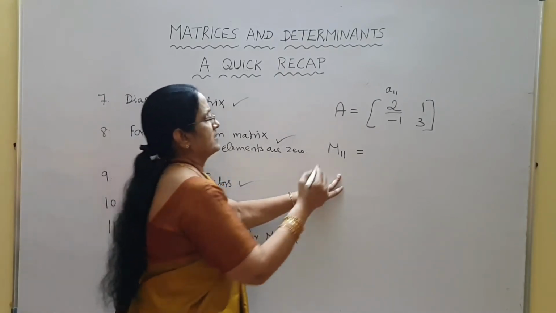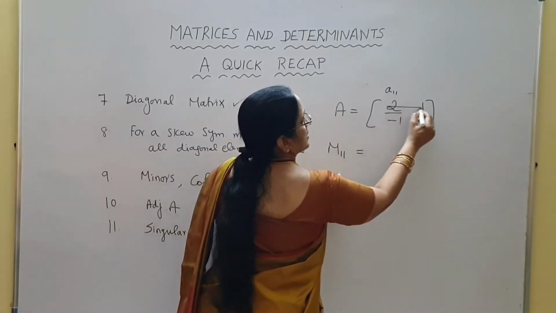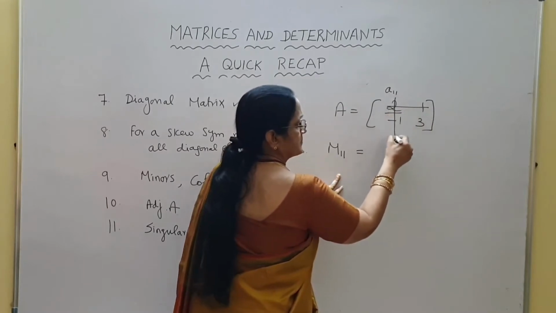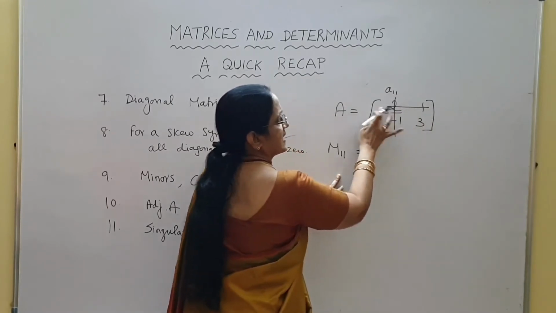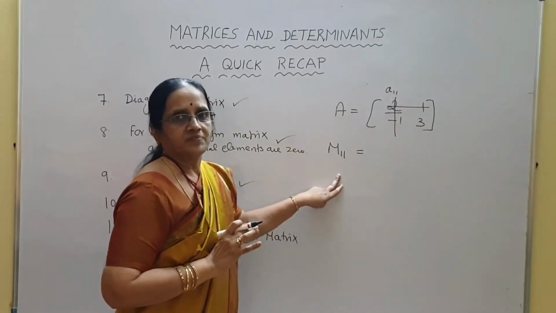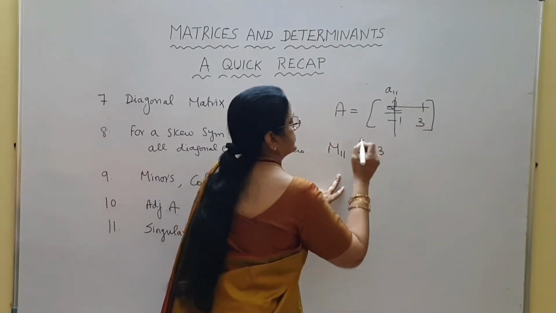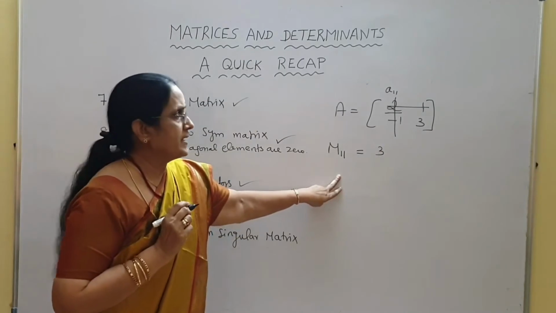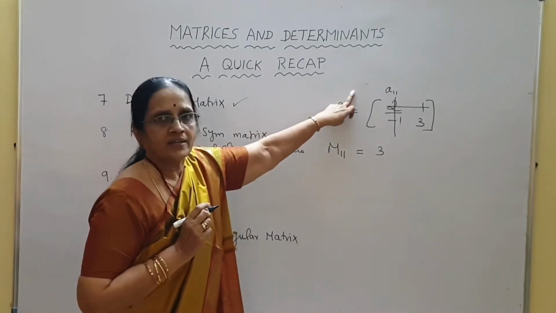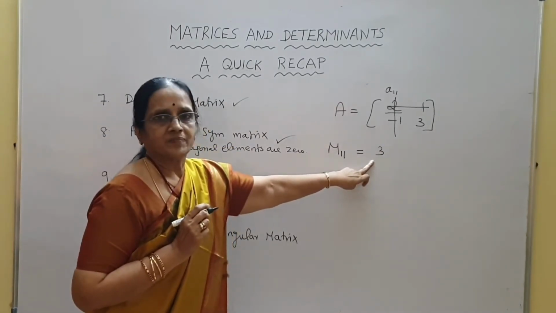It's nothing but leave that particular row and the column, only in that intersection that element 2 is there. So what is the element left? 3. So minor of the element a11 is 3.